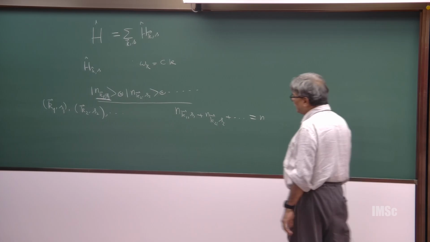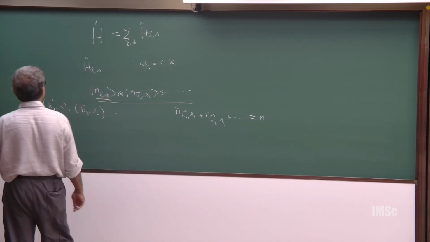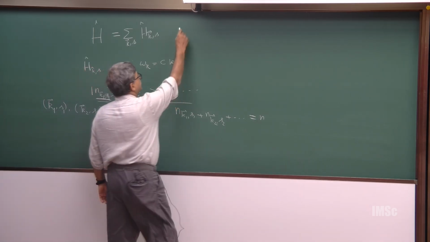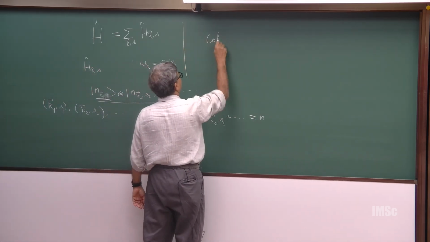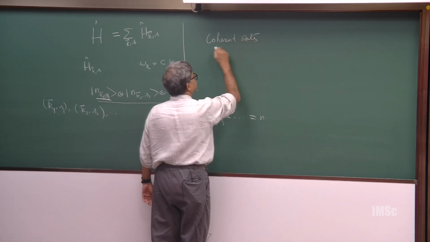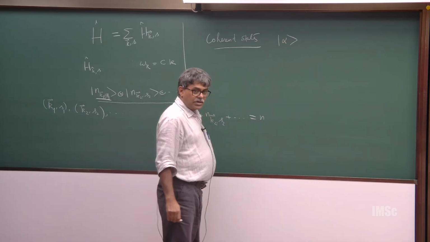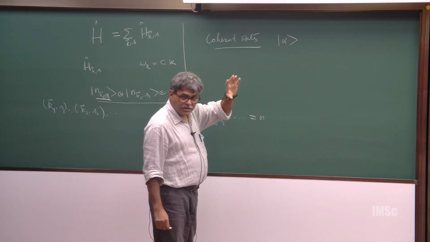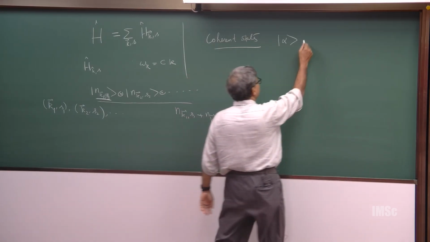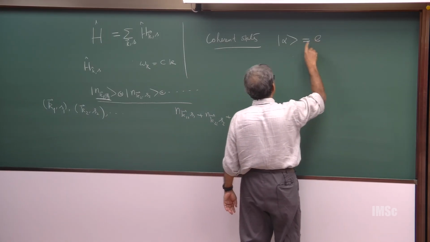So, some of the interesting states of single mode quantized electromagnetic fields are coherent states, which you denote by alpha. This is single mode, I am talking about now a single mode system, and alpha is a complex number.